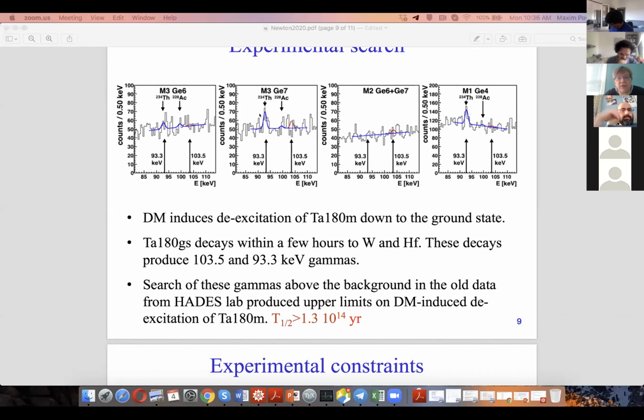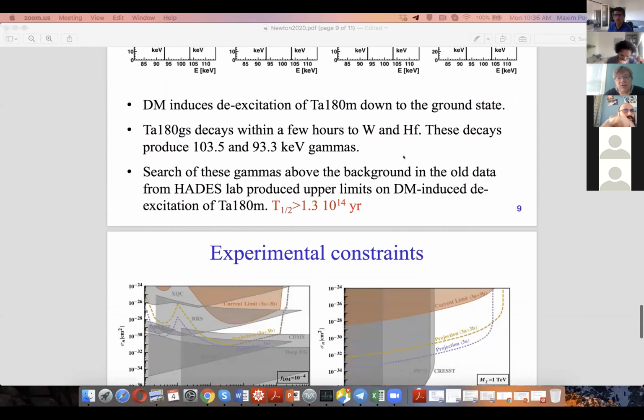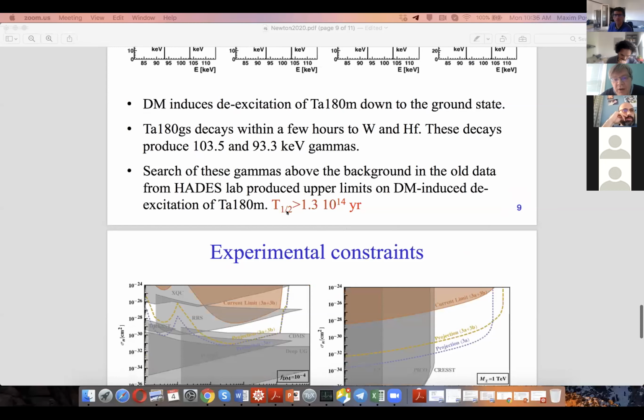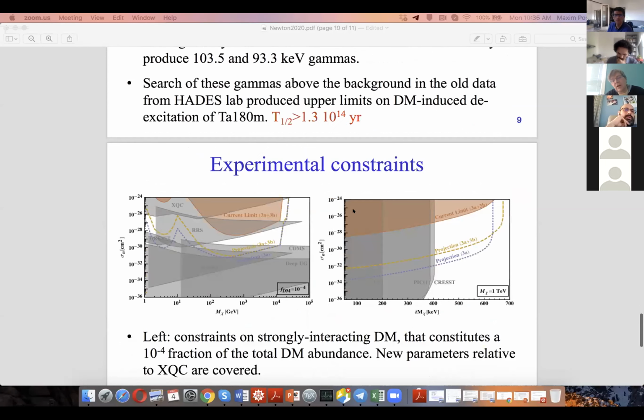At 93, there is unfortunately additional background from a known line, but not seeing this additional line at 103.5 already puts constraints on the dark matter induced lifetime of tantalum 180M to be that, and then we can kind of constrain.